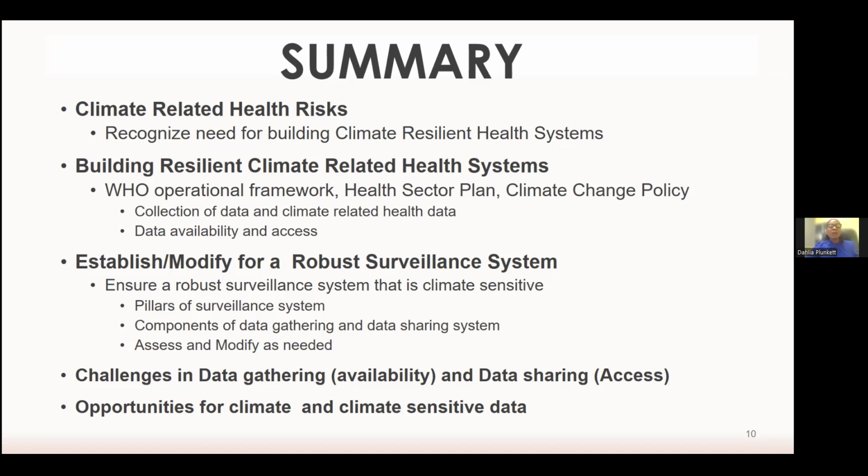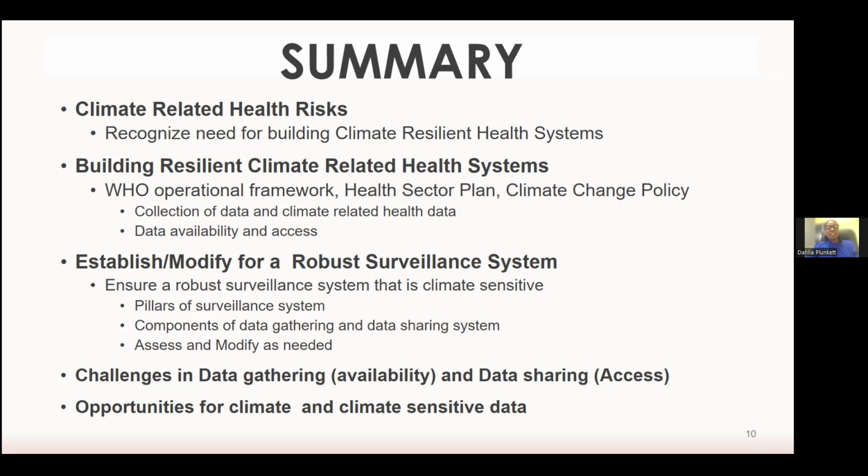This ensures a robust surveillance system that is climate sensitive, that emphasizes the pillars of a surveillance system, and also emphasizes the components of a data gathering and data sharing system.